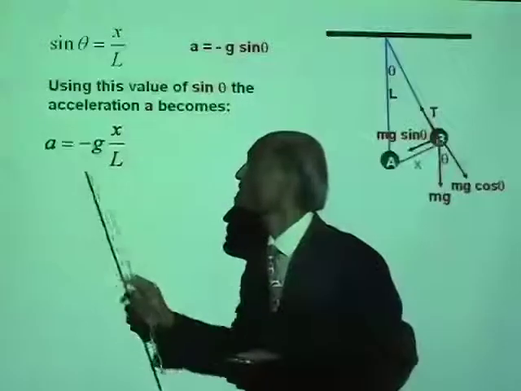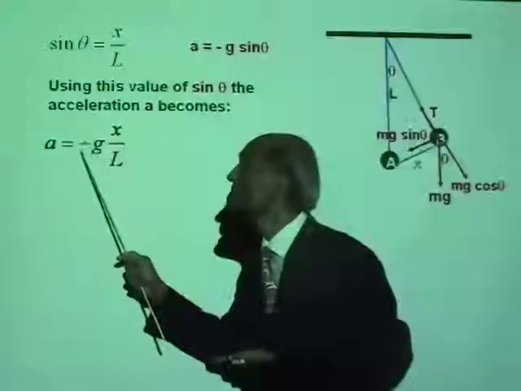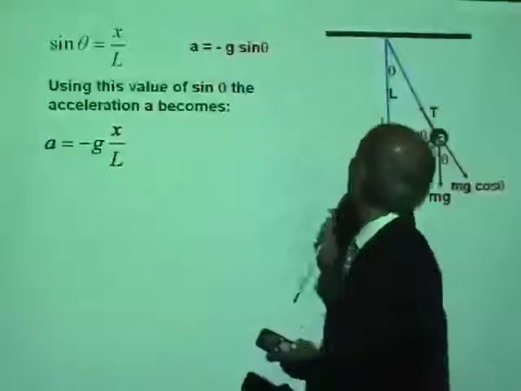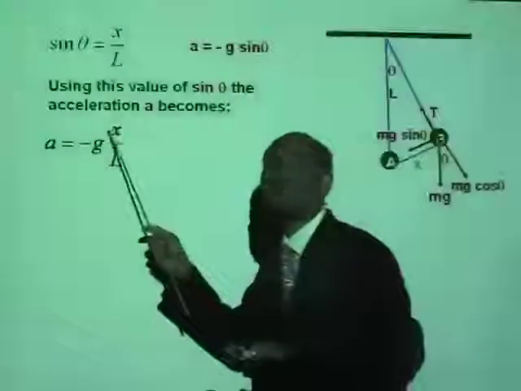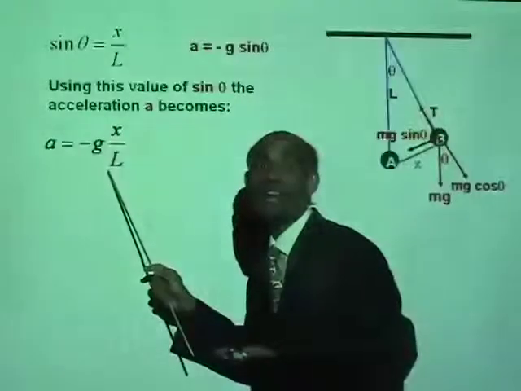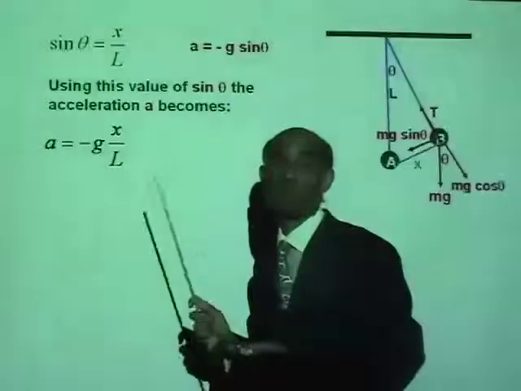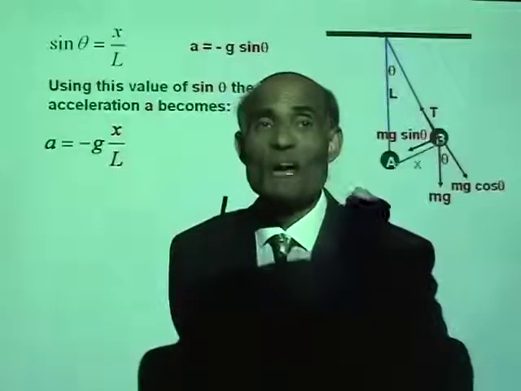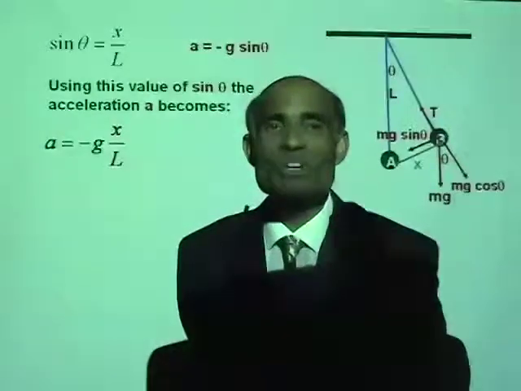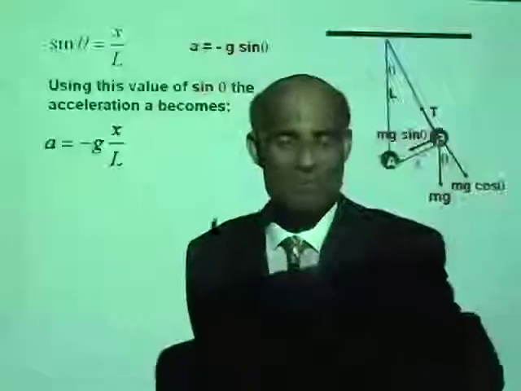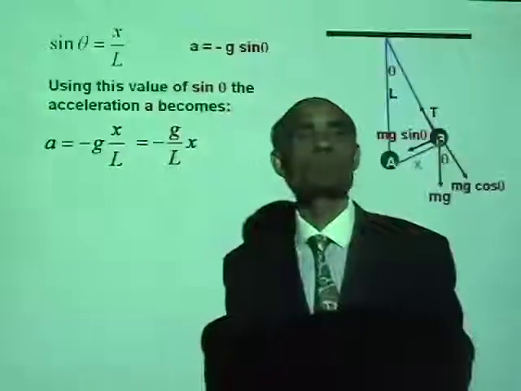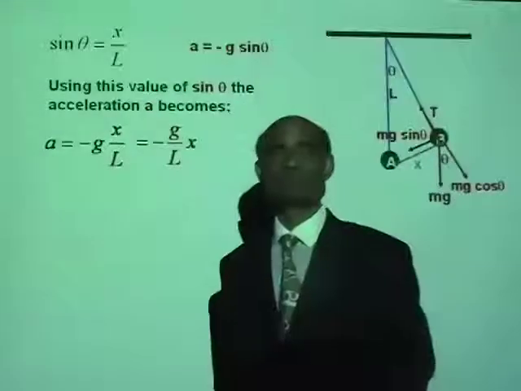The equation for acceleration now becomes negative g times x over L, where x is the displacement, L is the length of the pendulum. Alright, do you now recall the equation for acceleration we developed for simple harmonic motion? What is the acceleration for simple harmonic motion?